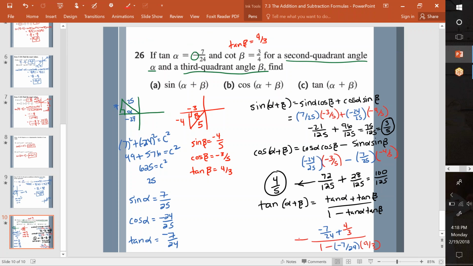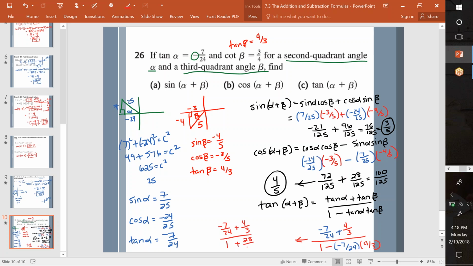So I'm going to kind of have to write this direction. So that's on top, negative 7 over 24 plus 4/3. On bottom, I'm going to think of that as just a 1 right now, but then this is 4 times 7, which will be 28 because it's negative times negative, so it's going to be positive 28 over, what was 4 times 24 times 3?